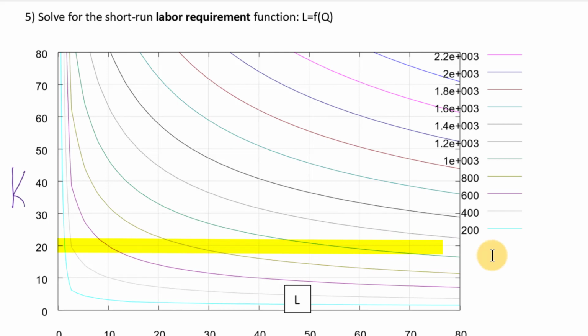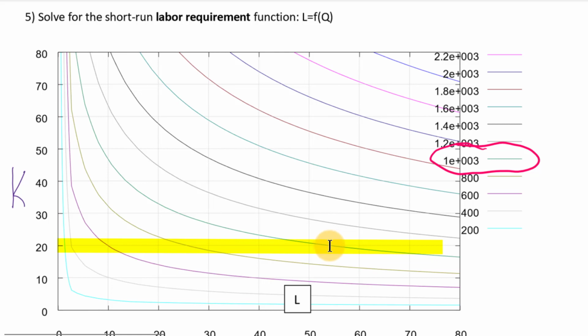We're stuck with them. So the question really becomes, if we're going to produce 1,000 units of output, and that's this green isoquant here, this one running right through here, how many workers do we need? Well, we just need to look along this isoquant where we're producing 1,000 units and go down to the point where we have 20 machines and find out how many workers that is.